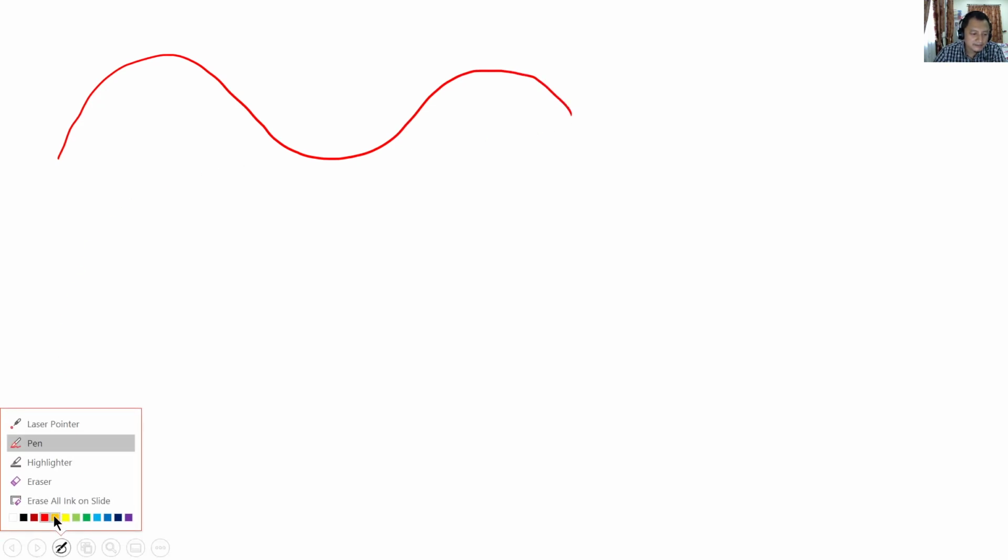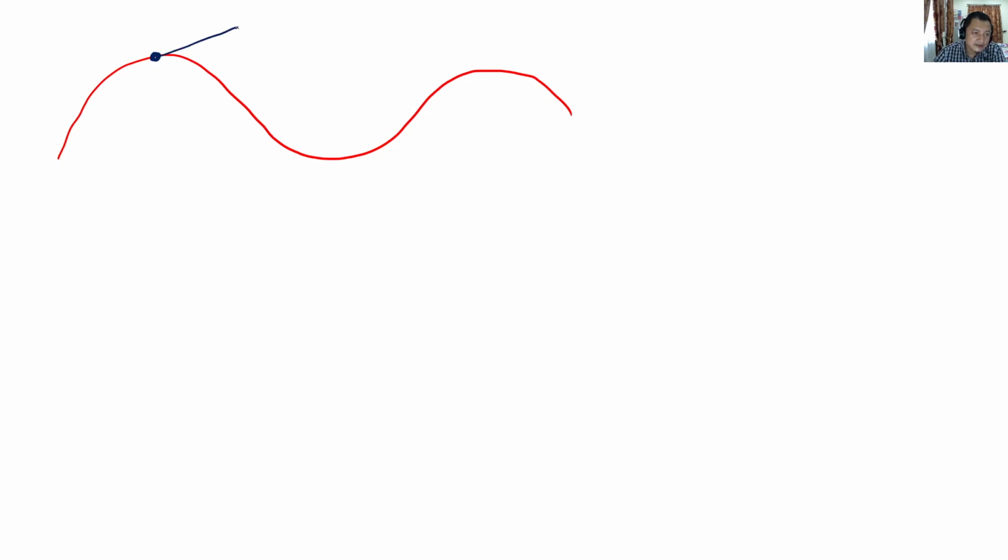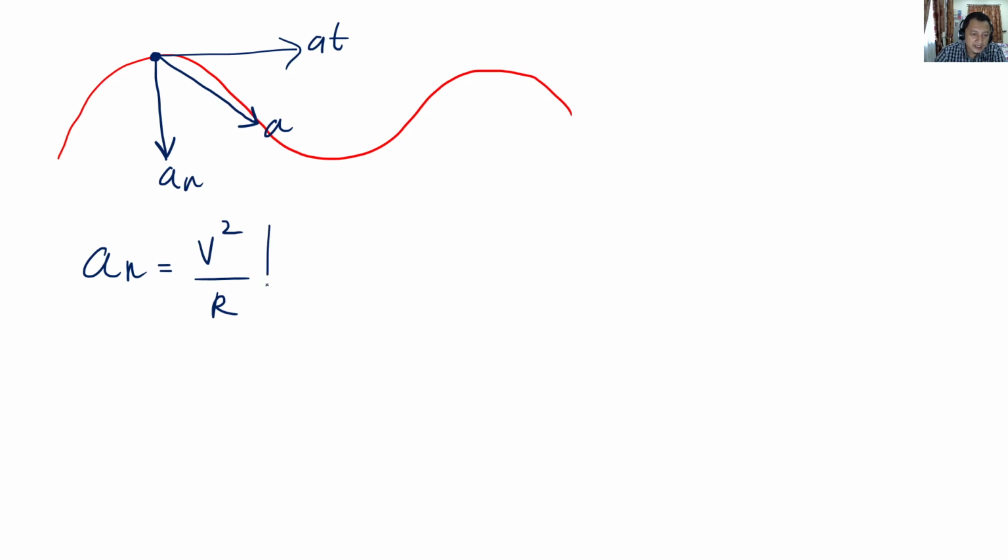Any object that travels on a curvature will have a tangential and a normal. A normal is equal to v squared over r.